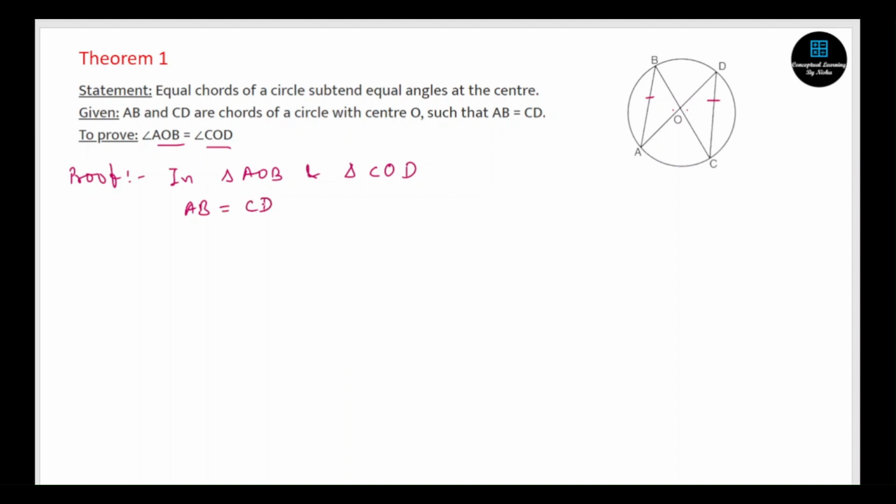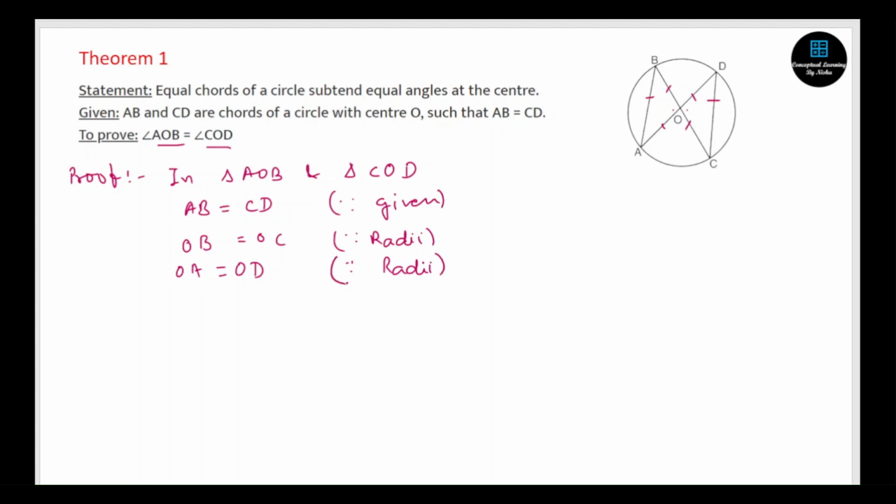AB is equal to CD, given. Then what can I say about OB, OC, OA, OD? They all are radii. So OB of this triangle is equal to OC of the other triangle, radii. In the same way, OA is equal to OD. Again, they are radii.